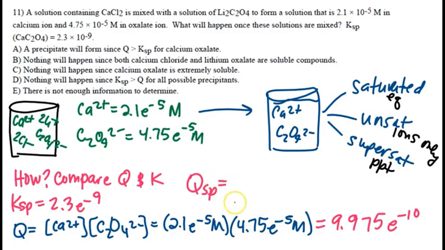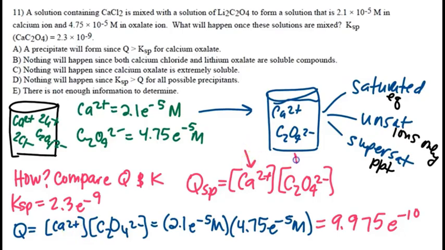We're going to have our concentrations, which is going to be Ca2 plus multiplied by C2O4 2 minus. We're already given these values, as they were given in the overall question. All we need to do is plug them into the overall QSP expression. So I'm going to get 2.1 times 10 to the negative 5 molar multiplied by 4.75 times 10 to the negative 5 molar.